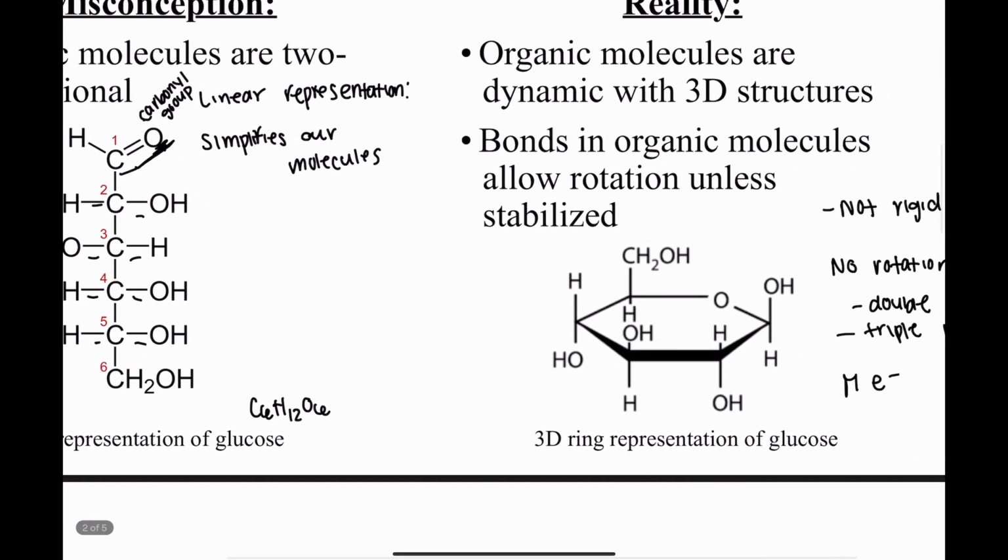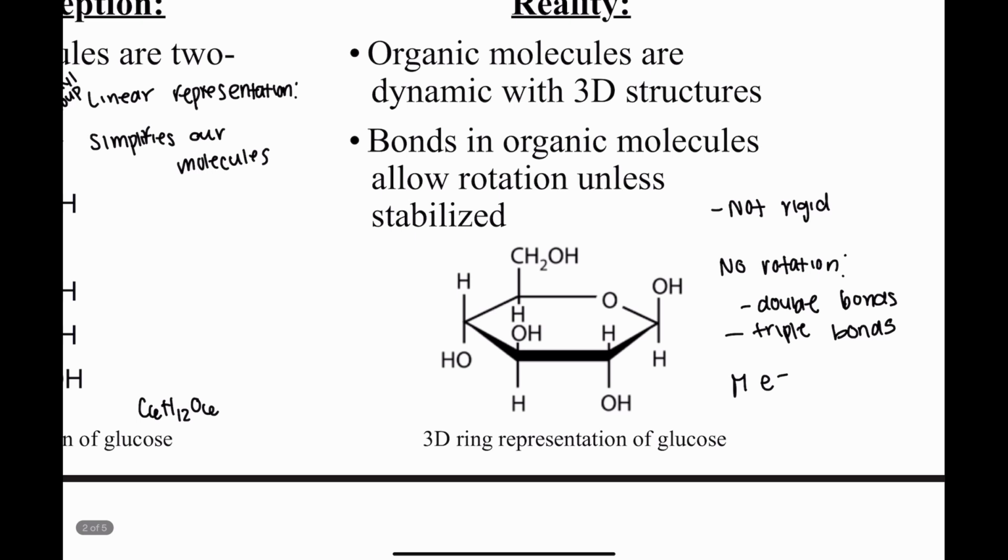When we look at glucose in its ring form, which is the most common configuration, we see that rotation is restricted because the oxygen atom inside of the ring and the carbon atoms together form a stable cyclic structure. And cyclic structures are going to stabilize glucose and limit bond rotations within the ring.